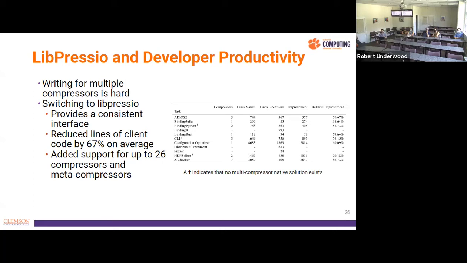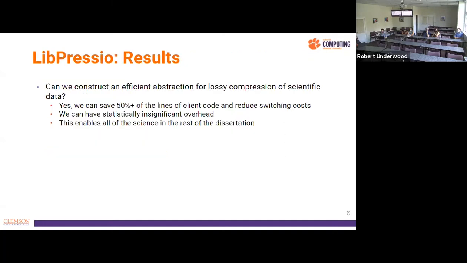In addition to reducing the volume of code required to implement these, they also gained support for all 26 plus compressors and meta compressors in LibPressio, in many cases adding additional functionality beyond the functionality that existed in the program to begin with.